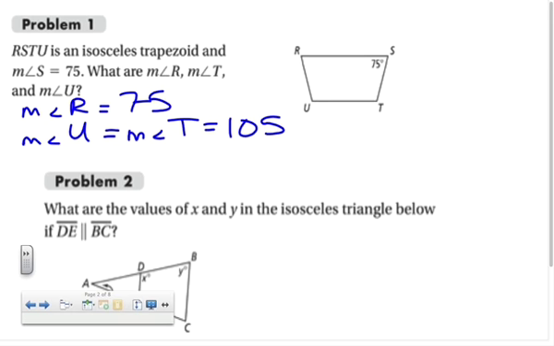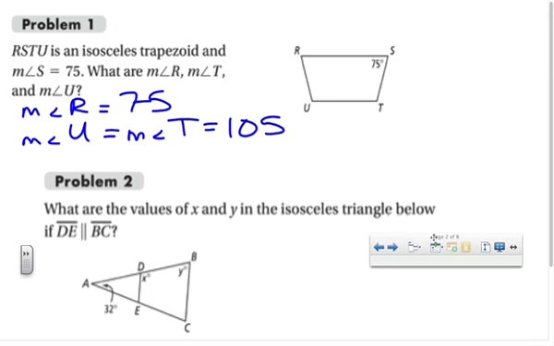Problem 2. I have this isosceles triangle, and I'm trying to find the angles X and Y. Which angle do you think we'll find first? Which angle do you think we'll find first in problem 2?